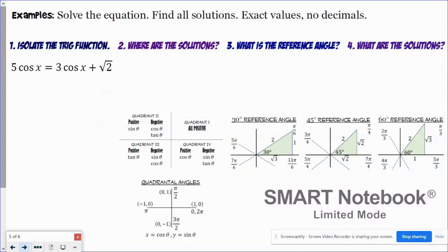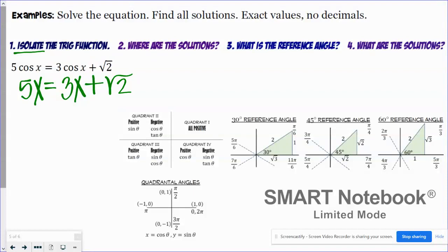5 cosine x equals 3 cosine x plus the square root of 2. Keep it simple. We're isolating the trig function. For the time being, we can pretend that cosine x is simply x. So we have 5x. And that 3 cosine x is simply 3x. And then the square root of 2, unfortunately, is still the square root of 2.